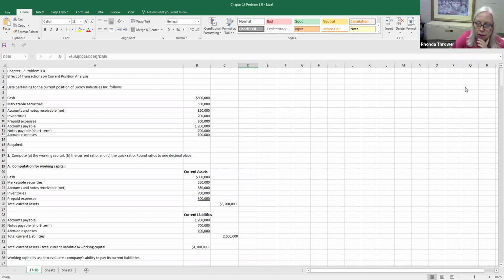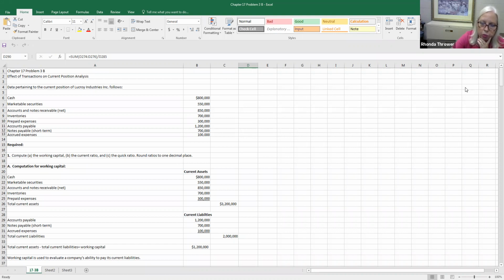So the current asset amount would have changed after this transaction. This is what it was before, but because our cash went down, our total current assets would have changed to 2,912,500.